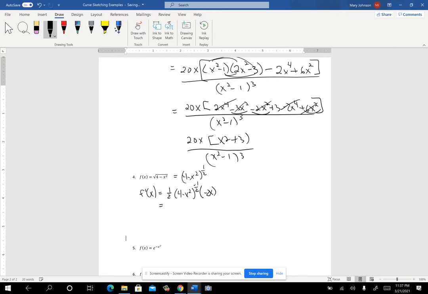Don't forget to do the chain rule. 1/2 and negative 2 would be negative 1. So this is negative x over 4 minus x squared to the 1/2 power. Or you can leave it negative x times 4 minus x squared to the negative 1/2 power. Okay, either of those. The 1/2 and the 2 would cancel out.